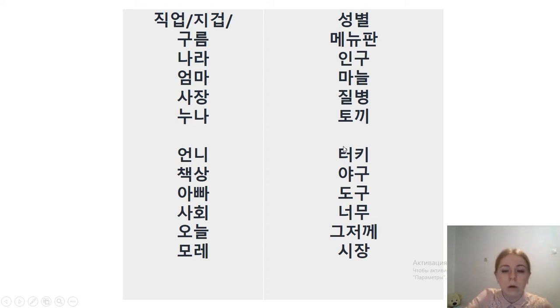It's 터, not 토, but 터, and then not 끼, but 키 with breathing. 터키, it's about Turkey, the country name. And 토끼, it's about a rabbit. I forgot the animal's name in English. Big rabbit. Sorry, I don't use this word so often.